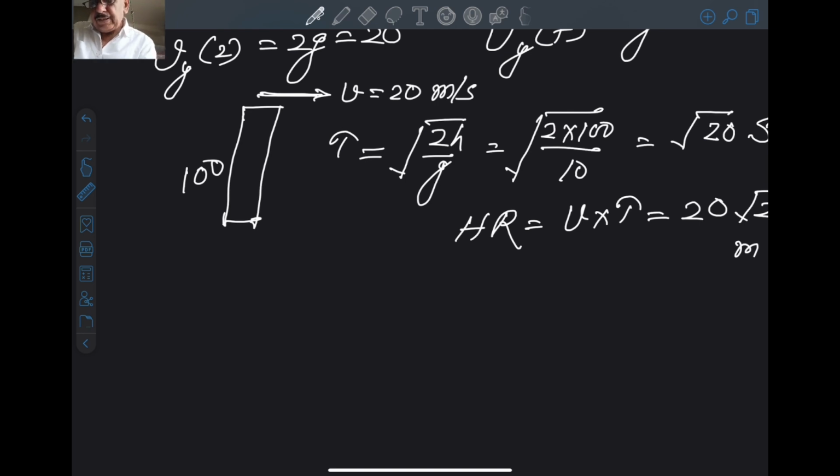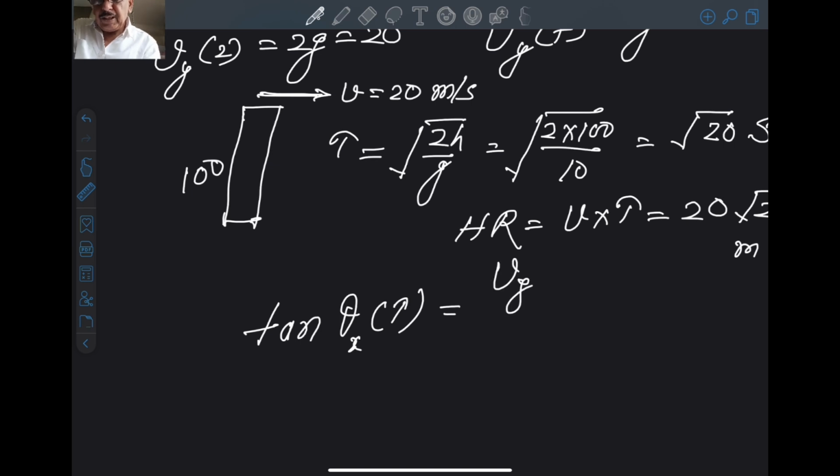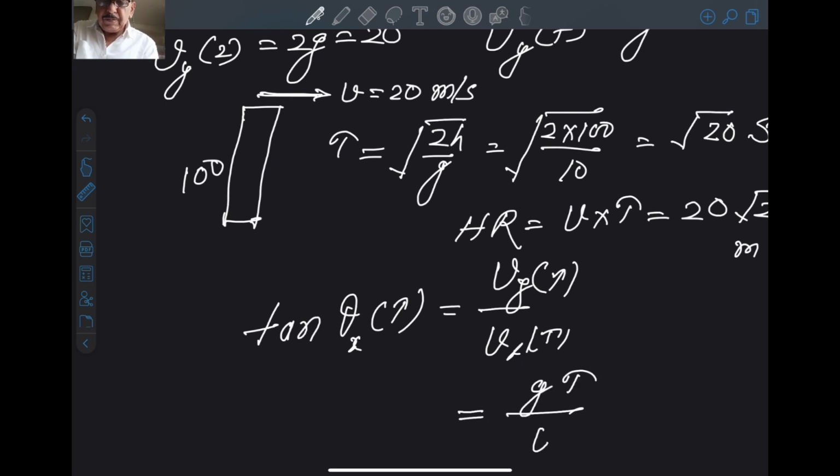So we can say tan theta with respect to x after time T. So what shall it be? Velocity in y direction over velocity in x direction after time capital T. It is nothing but gT upon v. That's simple. So this is called a simple concept of horizontal projectile motion.